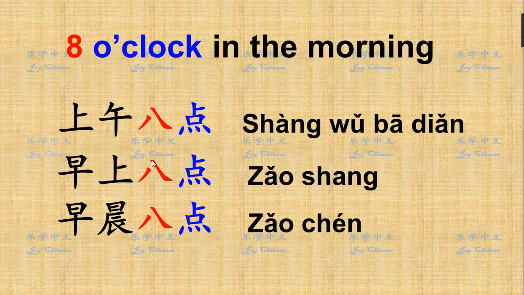For morning, there are another two ways to mention it: 早上, 早晨. All of these three mean morning. Let me repeat. 上午8点. 早上8点. You can see here it didn't put the tone sign, because when you're talking, you say it a little bit lighter.